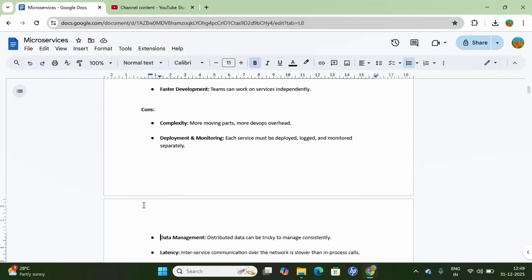If you follow a proper automation mechanism like CI/CD, it won't be affected. Next, deployment and monitoring. Previously, with monolithic, we had only one application, so we could simply monitor the single application. But in the case of microservices, we are going to have multiple services, and for each service we need to track whether the application is up and running or not.